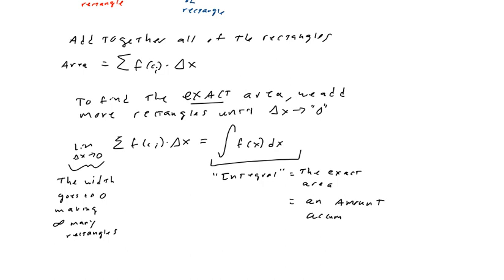It's the exact area under the curve. It's the distance that you've gone over a certain amount of time, as well as a few other meanings of this we'll go over next time.